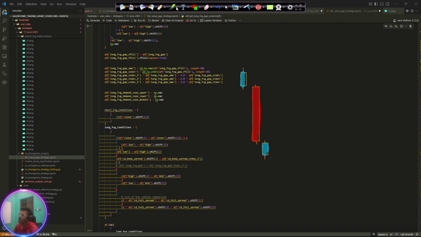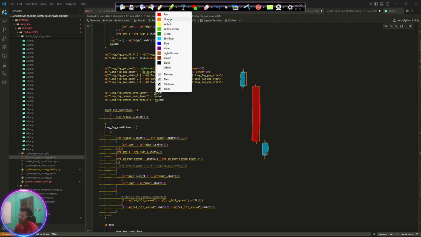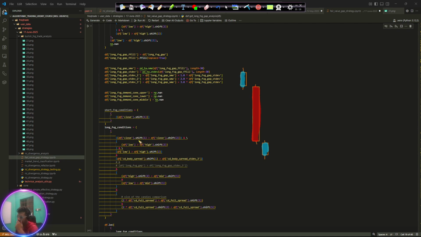Okay. Now, how are we doing this one? So see, the reverse of this is that close shift one is less than close shift two, right? So this close should be less than this close, which is true. Reverse of this will be the high is less than low shift one.